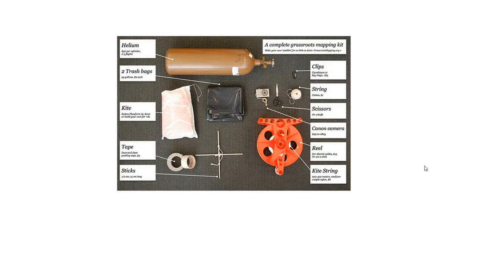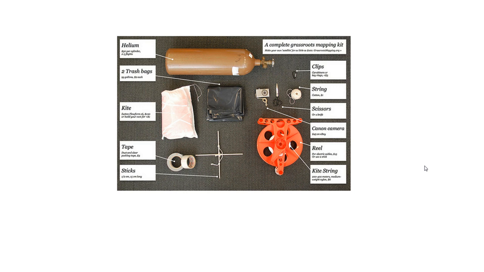We do this casually, or on an ad hoc basis, or unofficially these days through kites and balloons. We can get a balloon up in the air, and this is from a project called Public Lab, a grassroots mapping kit.